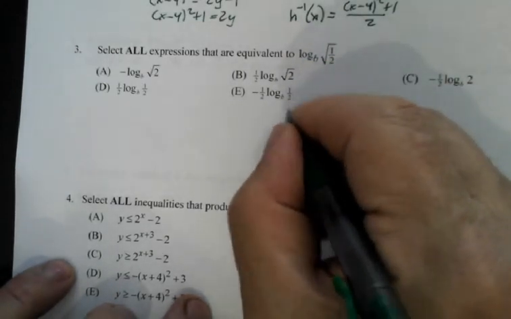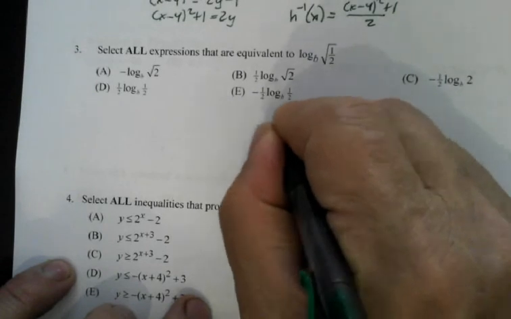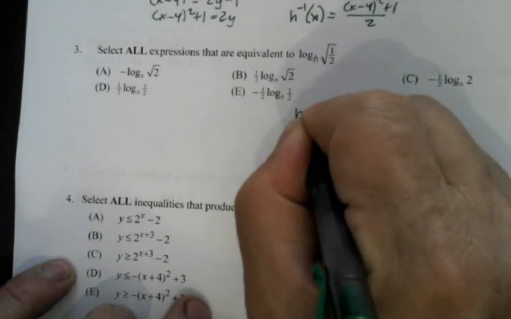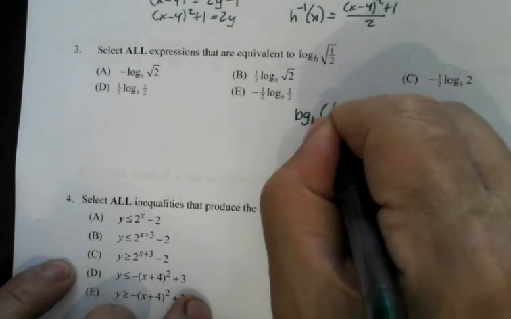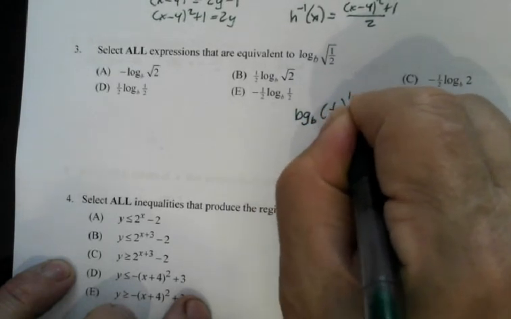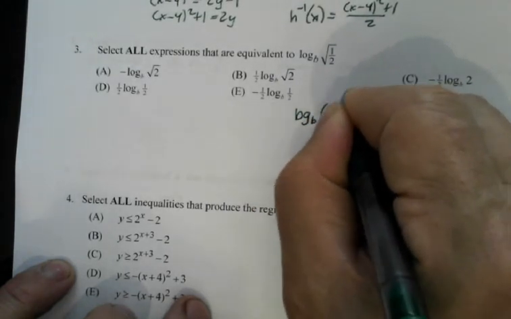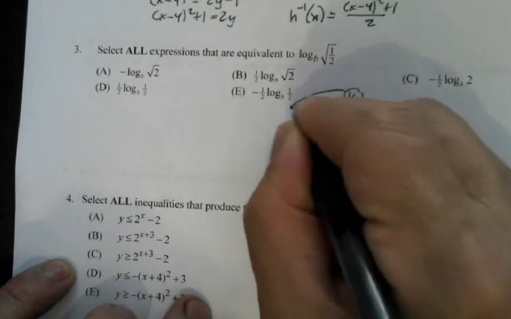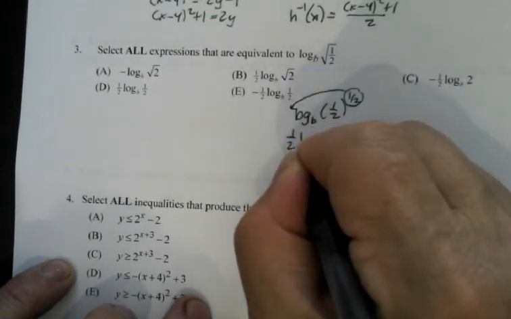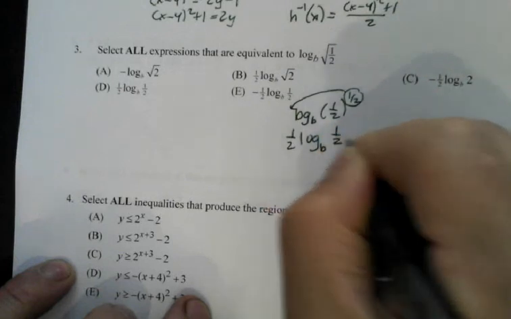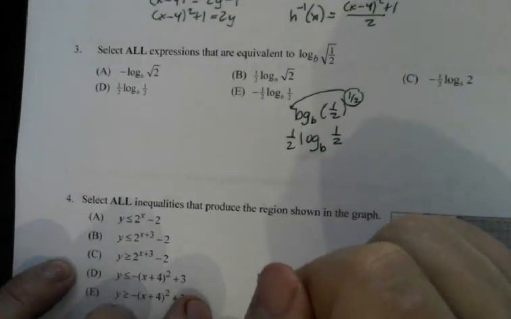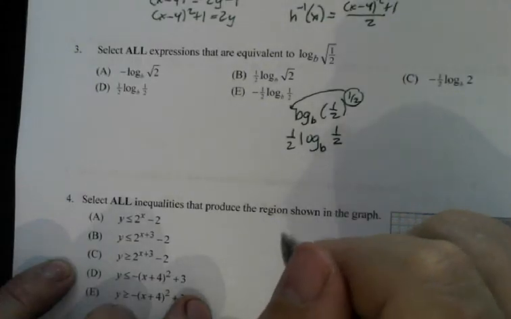Well, one thing I could have is log base b of 1/2 raised to the 1/2, and I can bring the 1/2 out in front. So that's one of the possibilities.